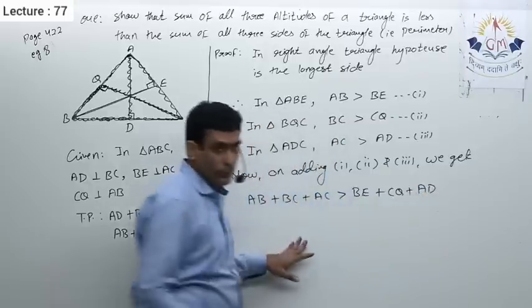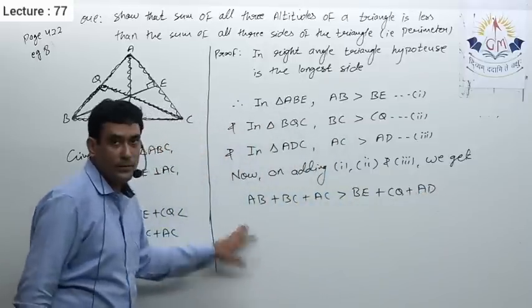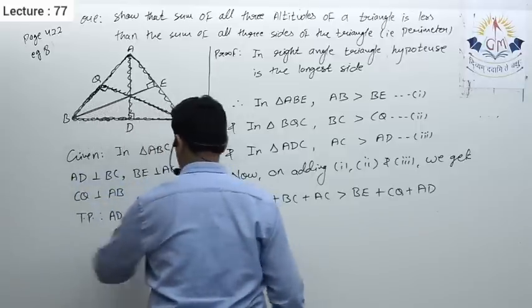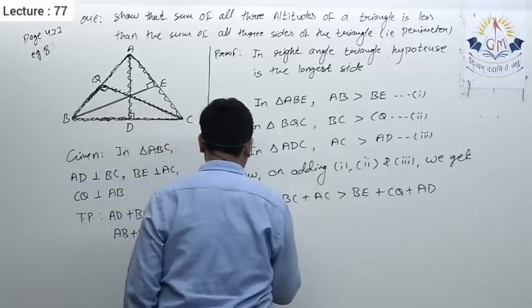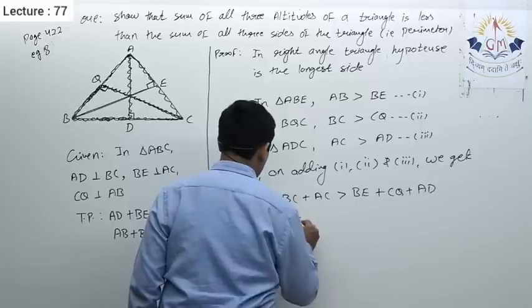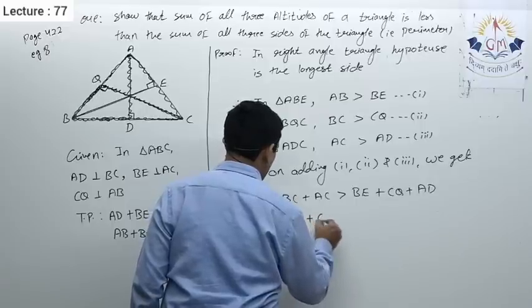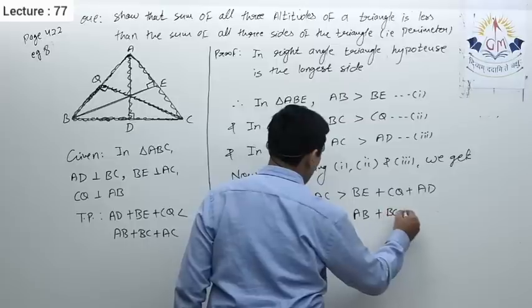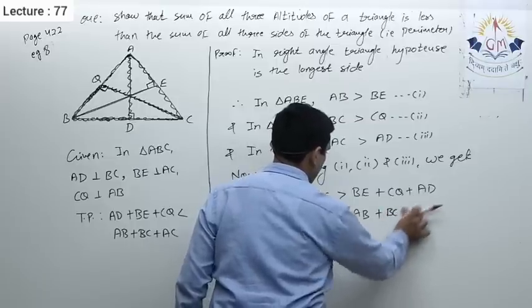However, I can say this is proved, but I will write the final result in the form that I wrote in the to-prove section. That is, AD plus BE plus CQ is less than AB plus BC plus AC.